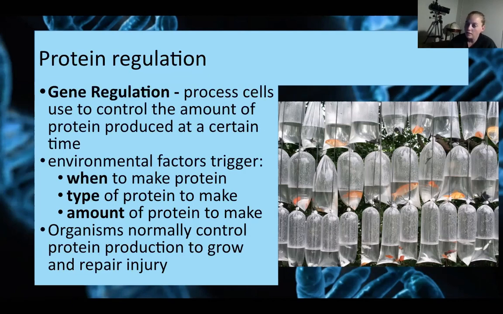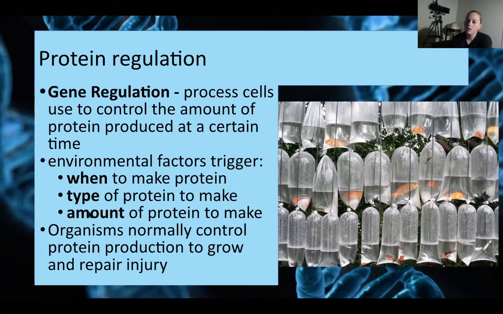If you buy a hunting or fishing license, it tells you what you can hunt, when you can hunt it, and how much you can possibly take. So gene regulation in a cell is very similar. Regulations are the rules on when to make a protein, the type of protein that's needed to be made, and the amount that is needed in that cell at the time.